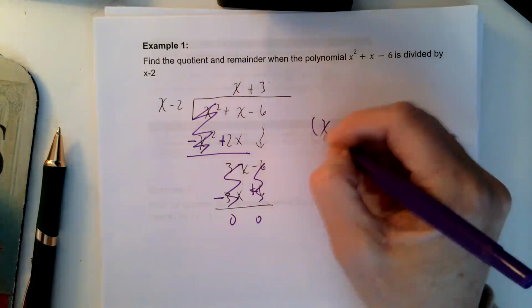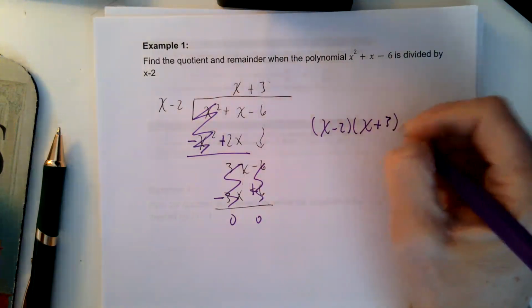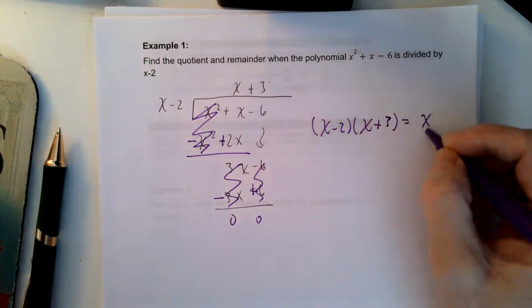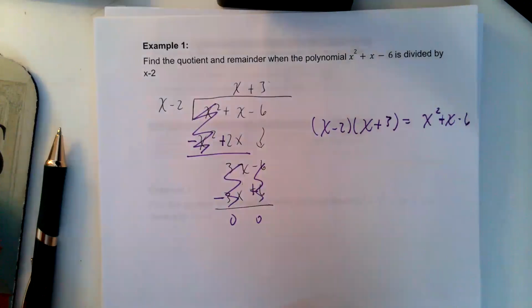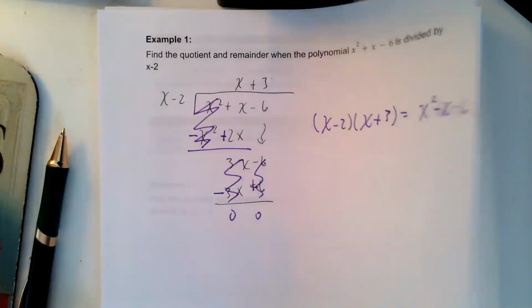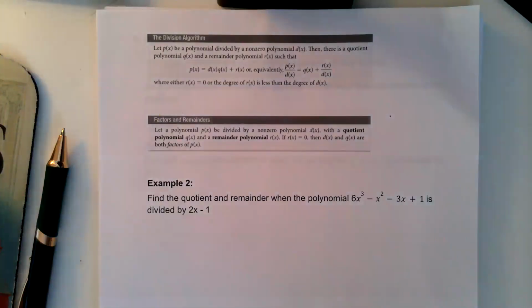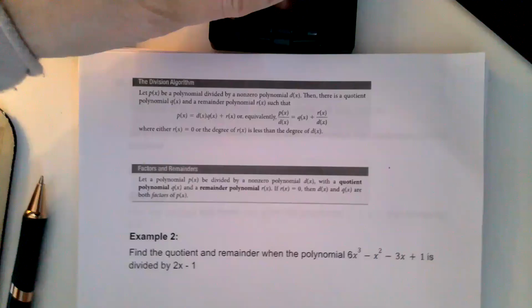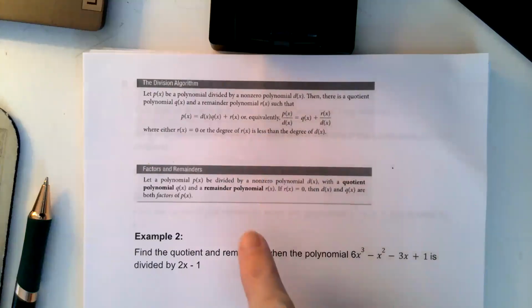So that tells me that x minus 2 times x plus 3 equals x squared plus x minus 6. And this division algorithm just explains what we just did with the polynomial and the remainder.